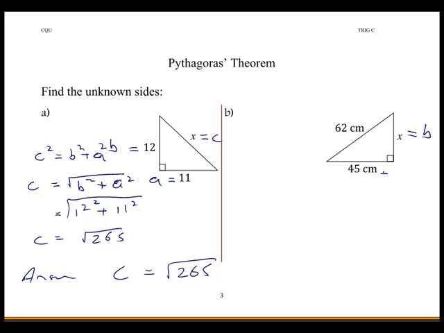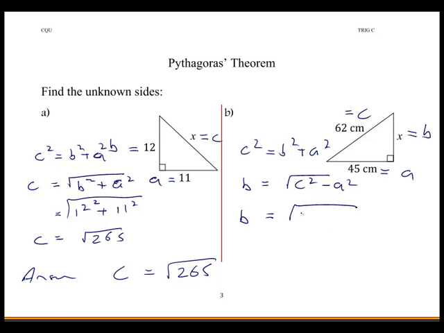So once again, we've been asked to solve. So remember to label it according to Pythagoras. Make sure you get the labelling right. So in this case here, though, we want to find x, which is b. So we need to rearrange Pythagoras' theorem so we can solve for b. So just putting the numbers in. There we are.